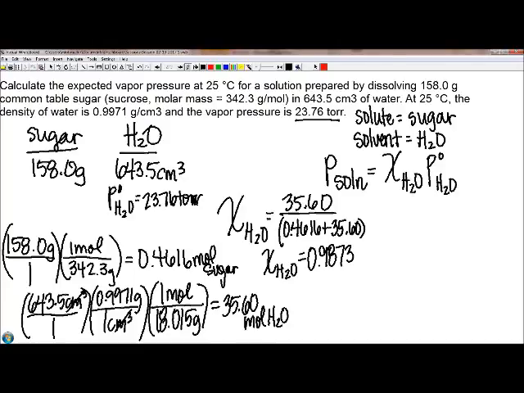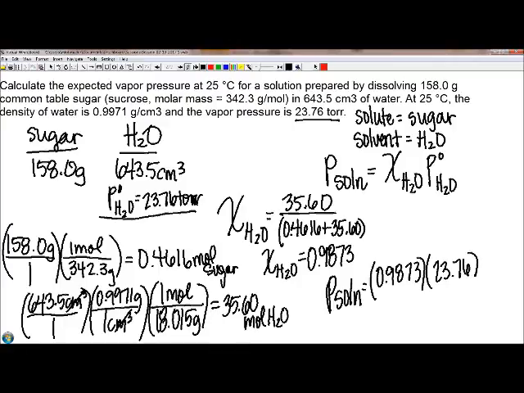So then we can use that mole fraction and the pure solvent vapor pressure to solve for the P solution. So it's going to be the mole fraction, 0.9873, times 23.76. So the observed vapor pressure of the solution is 23.46.